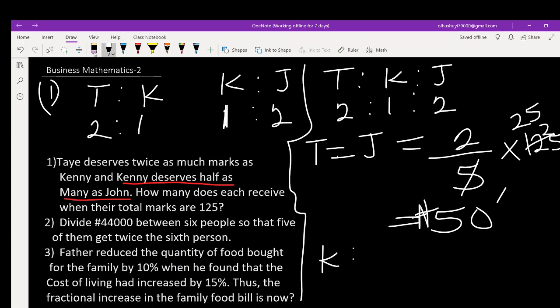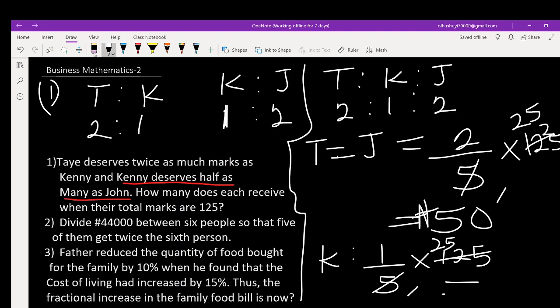But let's calculate it. 1 upon 5 times 125. 5 here 1, 5 here 25.